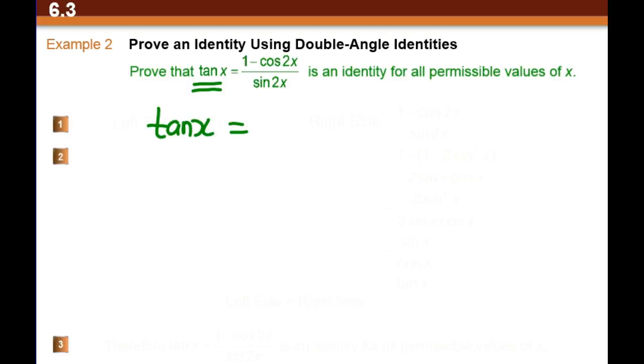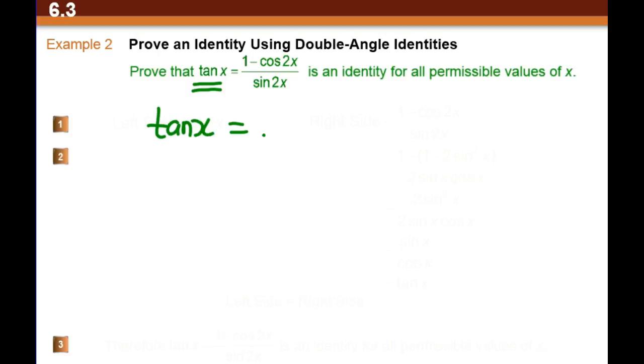So we need to look at our identity sheet, and what could we replace 1 minus cos 2x with? Or can we replace cos 2x with something? Cos 2a has 3 options usually, right? So maybe let's look at the bottom first, because cos always has so many options, you never know which one to pick.